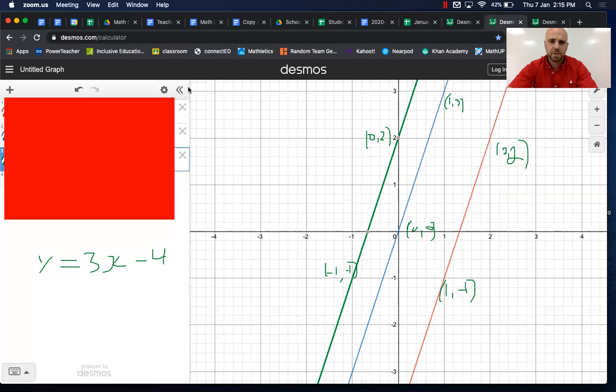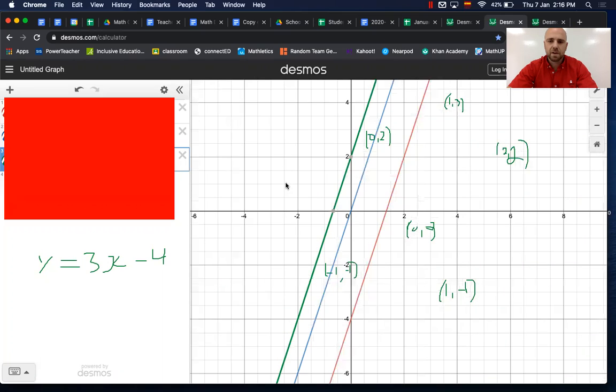I'm going to have to zoom back a little bit more. The next thing we have to look at is our constant. Let me erase these ordered pairs. My constant tells me where the line crosses the y-axis.